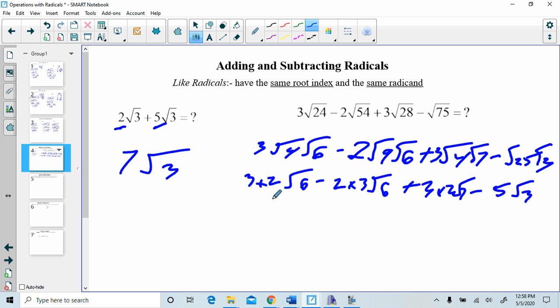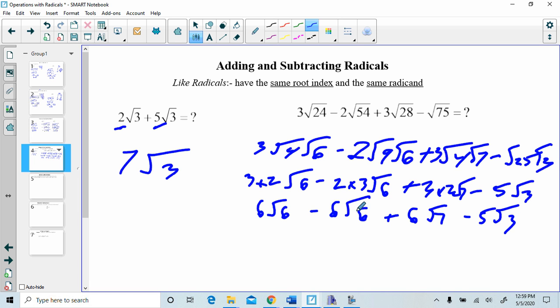Okay, and then we'll just simplify this down a little bit, 2 by 3, minus 2 by 3 again, plus 3 by 2, that was a 7 under the root there, minus 5 root 3.